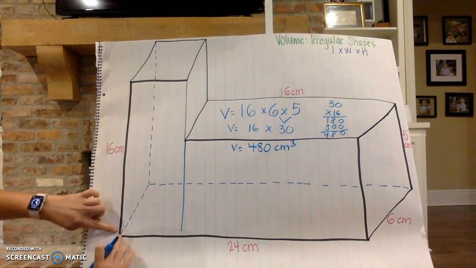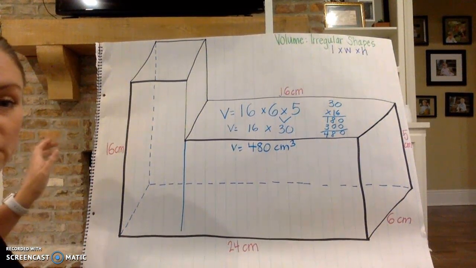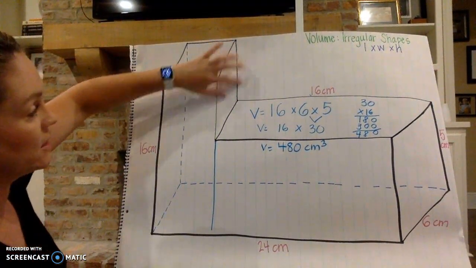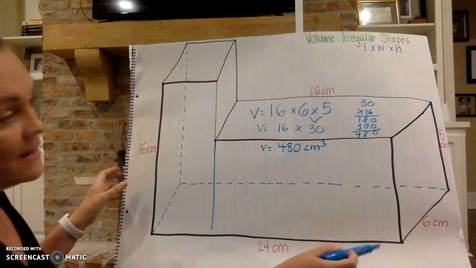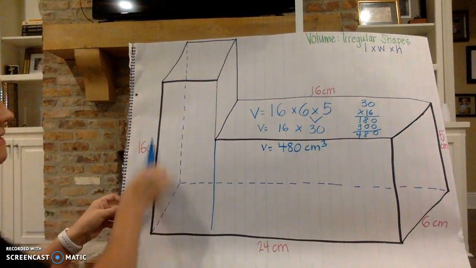Well, I know the height of the entire shape is 16. I do know that. Okay, what I'm missing is any numbers from here. So I said earlier, I know that this side of the shape is 5 and this side is 16.